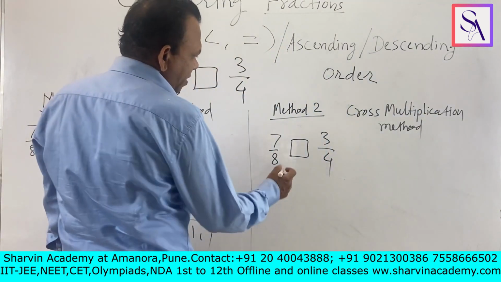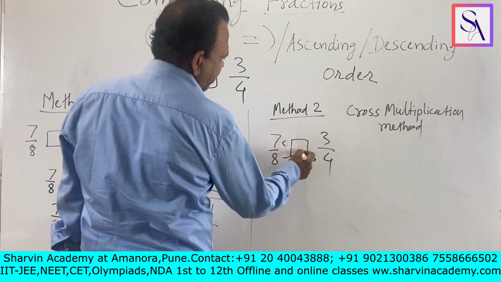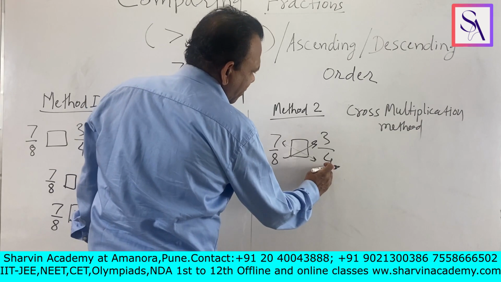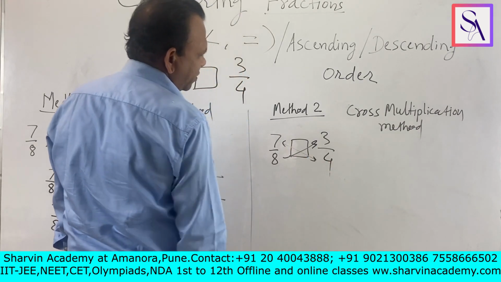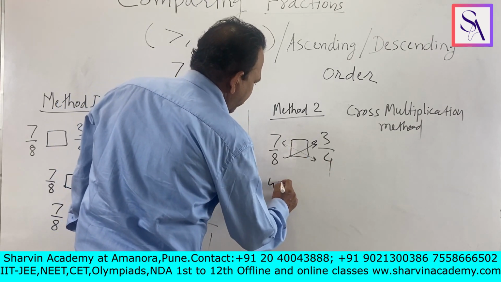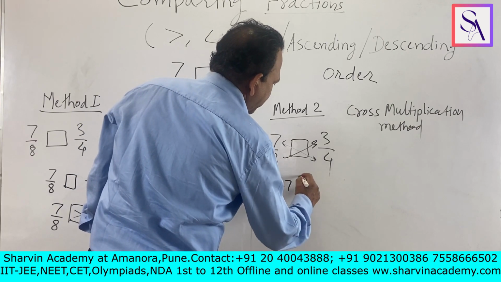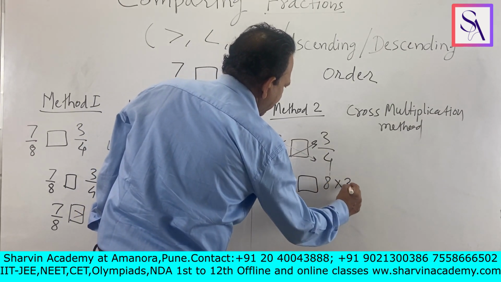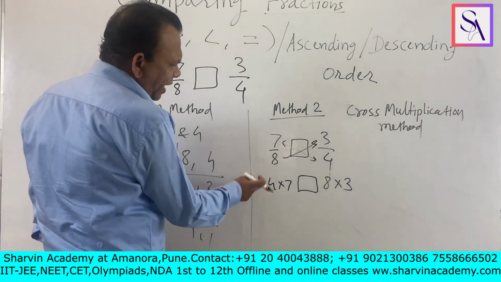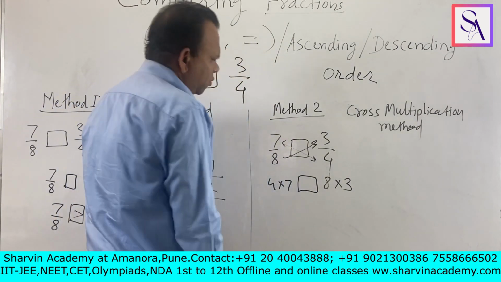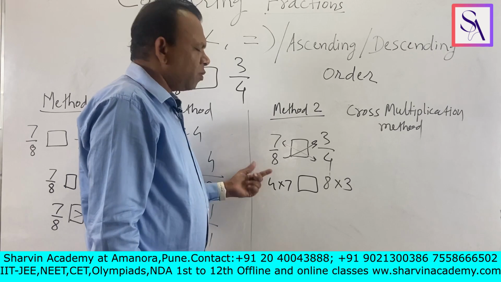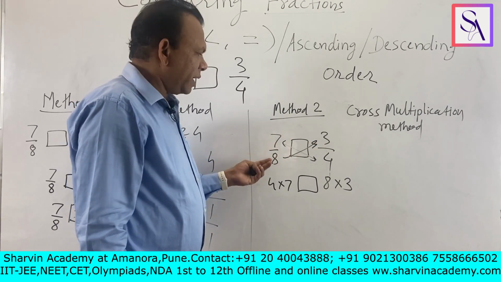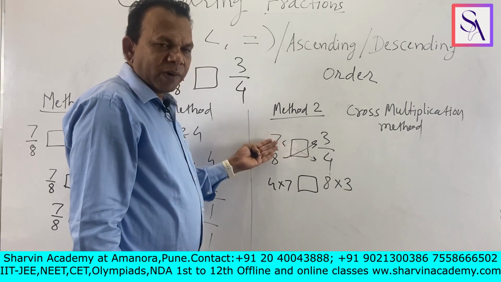Here you simply have to do cross multiplication. I have to start from the right side, 4 into 7, then 8 into 3. Do not write the denominator here, because we are just finding which one is greater. We are not calculating any addition, subtraction, multiplication or division of the fractions.